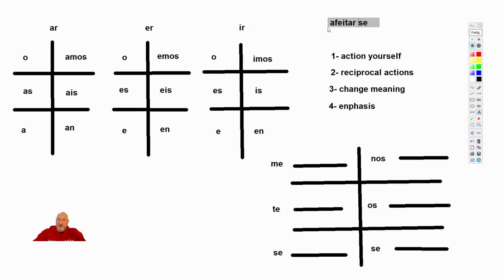By making the verb reflexive. So how do I conjugate it? I get rid of the SE and also the infinitive ending, and I keep the stem. And now, yo me afeito, tú te afeitas, él o ella se afeita.